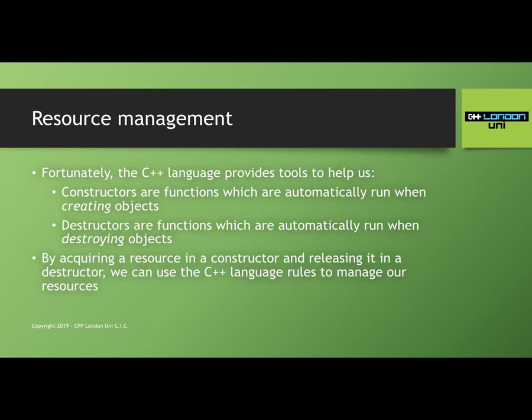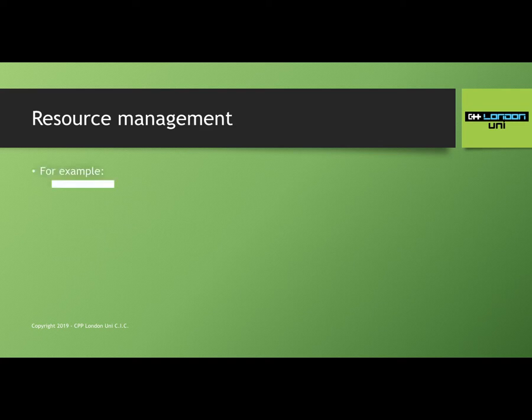Nothing ever leaks. We never attempt to release things twice, which is also quite a big problem. So instead of what I wrote before with these functions acquire resource and release resource, we have a class. In this case, I've called it resource handle.